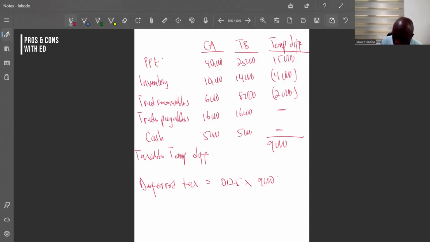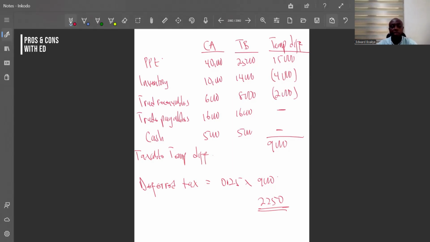And that will give us 2,250. So this is our deferred tax based on this scenario. First, we were supposed to calculate our temporary difference, which we've done. And then we are also supposed to calculate the deferred tax, which we've done.